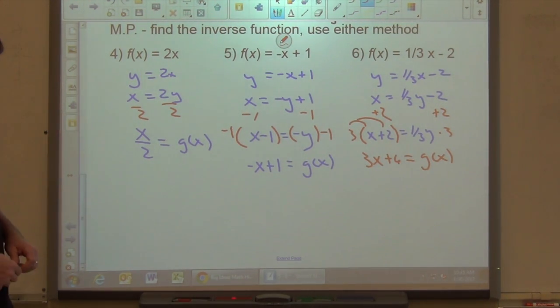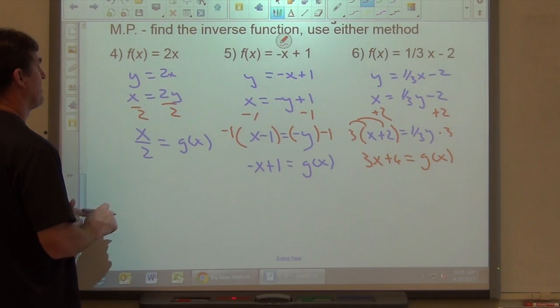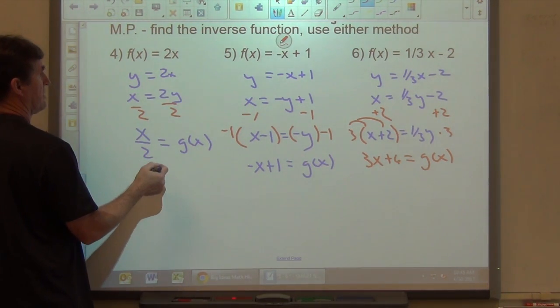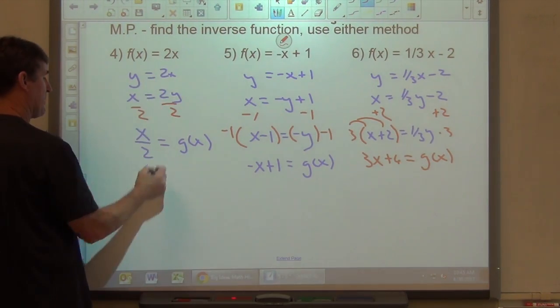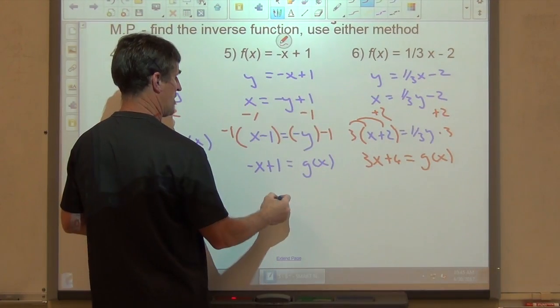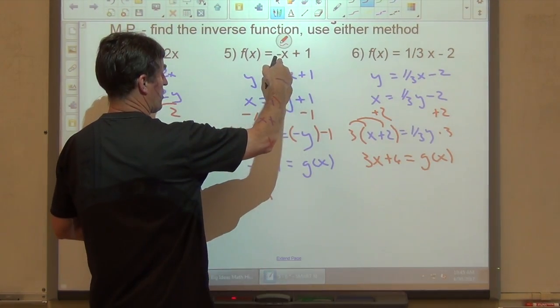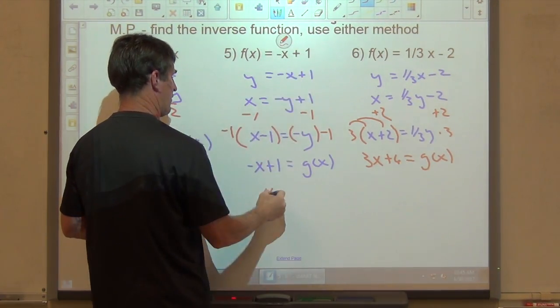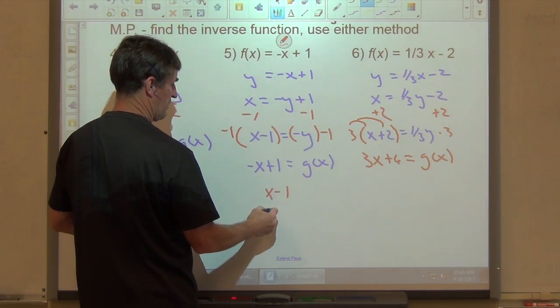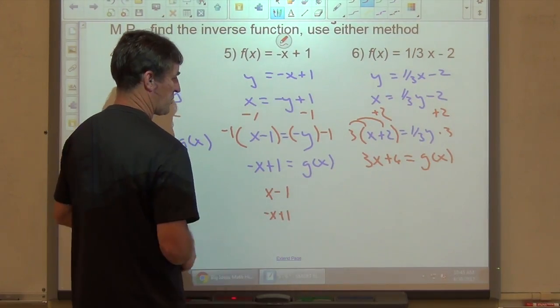Again, you can switch the operations, so if you were doing this, since it's multiplied, the first thing you would do is divide. You take your x and you divide by 2, since it was multiplied. Here, if you want to do reverse operations, you take your x, you multiply by negative 1, then add 1, so the inverse would be subtract 1, and then divide by negative 1, which would give you negative x plus 1.